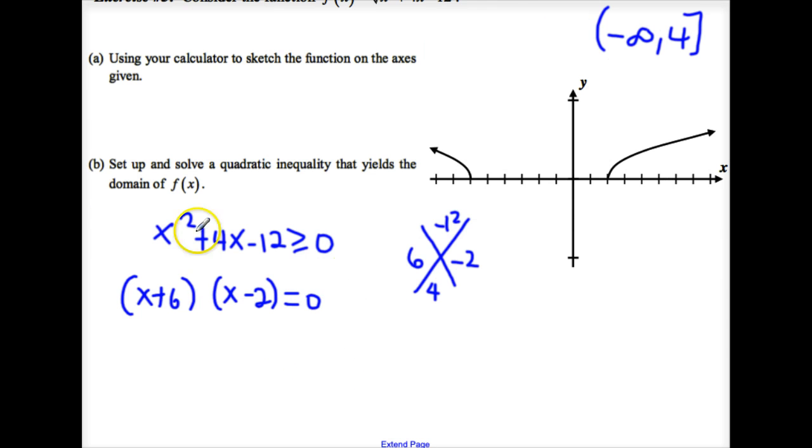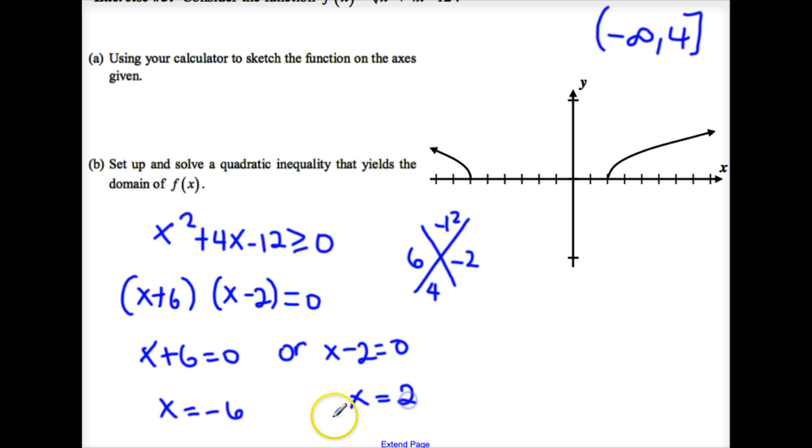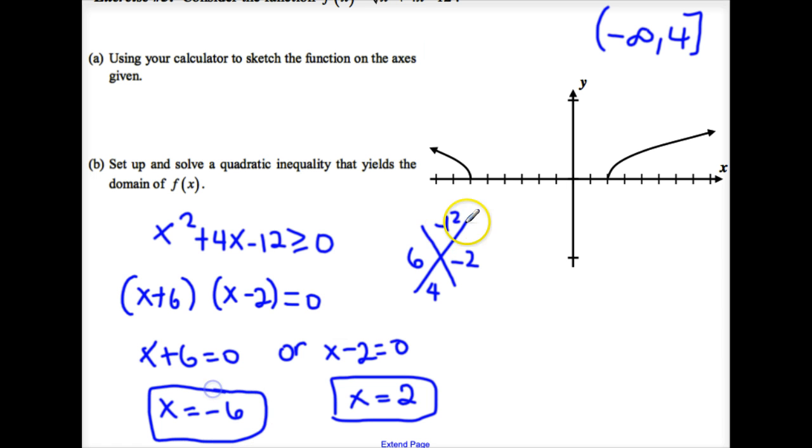So when is x equal to 0 in this case? So we have two options. X plus 6 equals 0, or x minus 2 is equal to 0. This would be x is equal to minus 6 and x would be equal to positive 2. So these are my two choices where it relates to these 2 points right here.